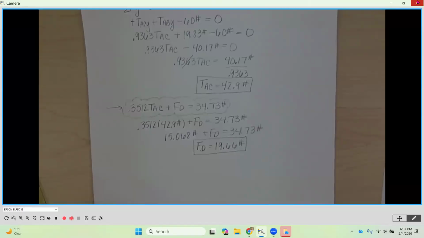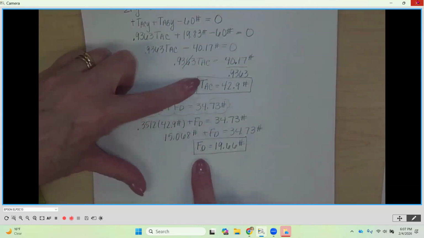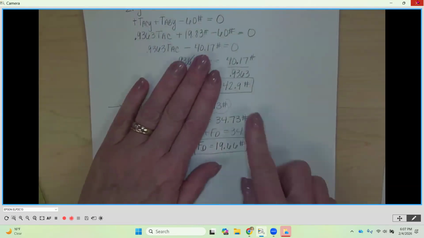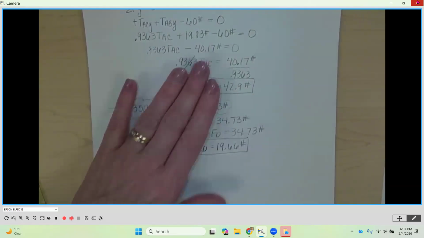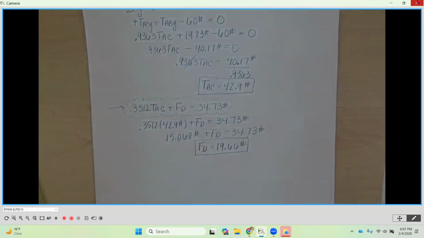And notice that I have a box around my final answers. Each one of my final answers has a variable. So I don't have a random number with a box around it. You're labeling what this is, and what you're labeling is what the problem was originally asking for.